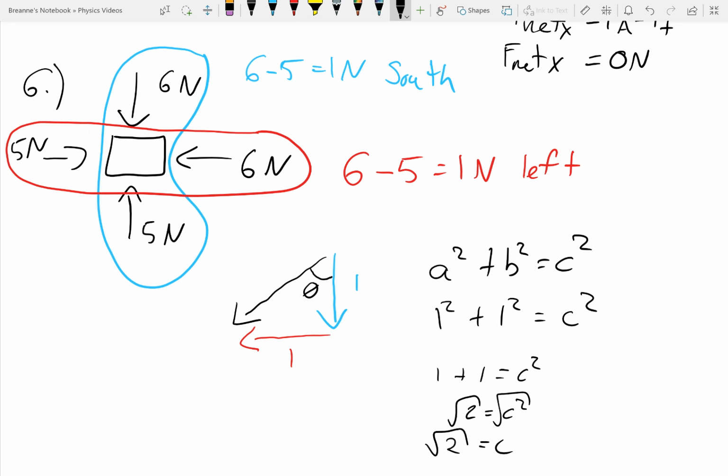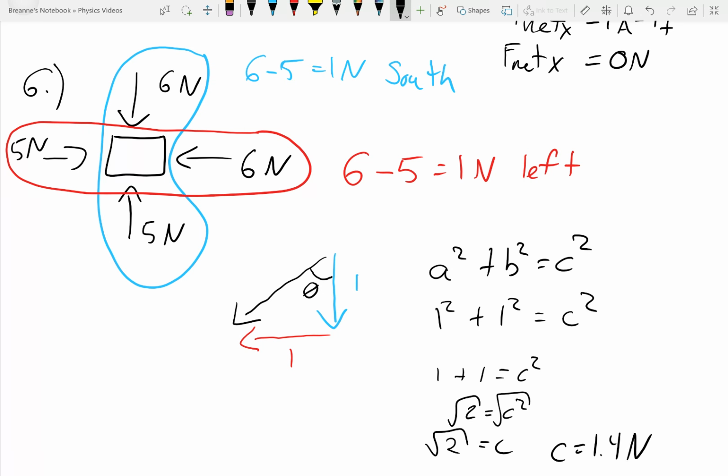And you could take that a step further, pulling out my calculator, and you end up getting 1.4. So your c ends up equaling 1.4 newtons. That's your resultant force.